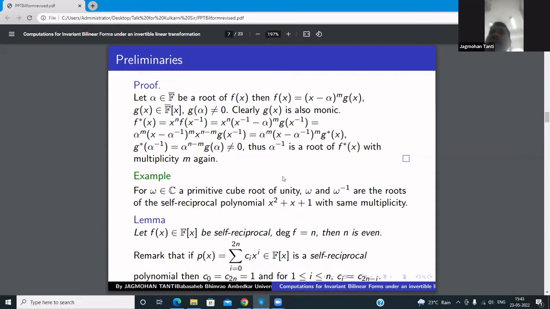And the remark is that if the polynomial, the sum of c_i x to the power i, with i running from 0 to 2n, is self-reciprocal, then c_0 should be the same as c_2n, meaning the constant term should be the same as the leading coefficient, and that should be 1. And the ith coefficient should be the same as the (2n minus i)th coefficient.